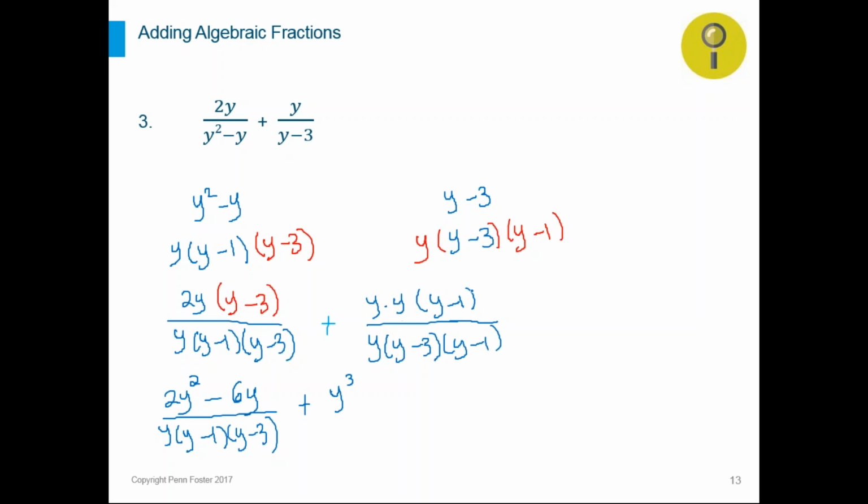Then y squared times negative 1 gives you minus y squared, over the same denominator, y minus 3 times y minus 1. Now combine these two numerators on one fraction and see if you can do something. So we have 2y squared minus 6y plus y cubed minus y squared over the common denominator.